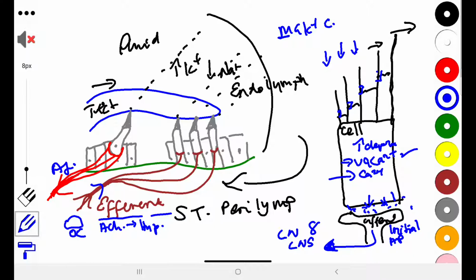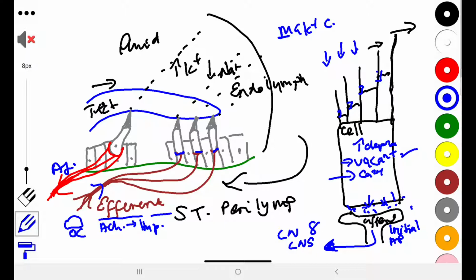If there's loud sound, the olivocochlear area is activated, and it is then going to release ACh onto the outer hair cells. Once that happens, hyperpolarization happens. When there's hyperpolarization, there's a reduction in the neurotransmitter being released, and therefore you won't find action potentials moving as much in the afferents.